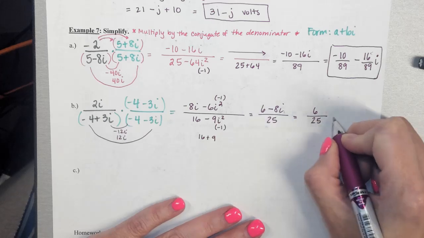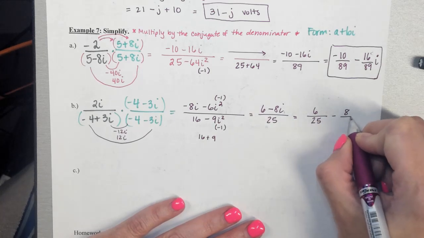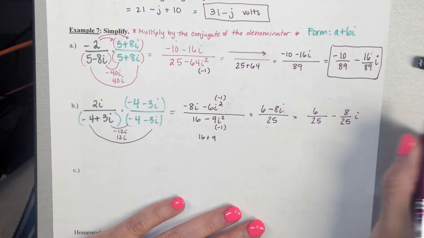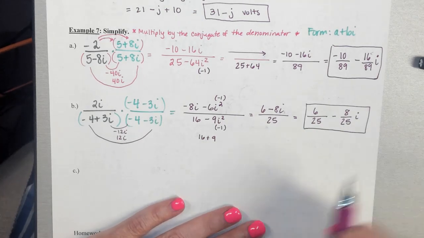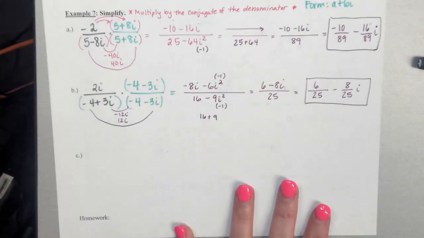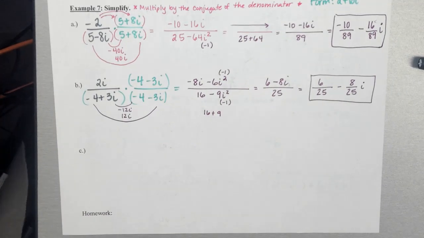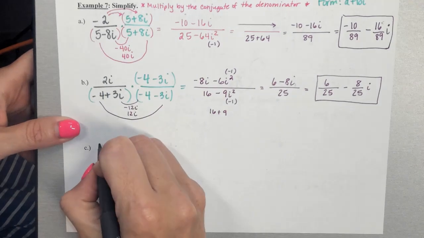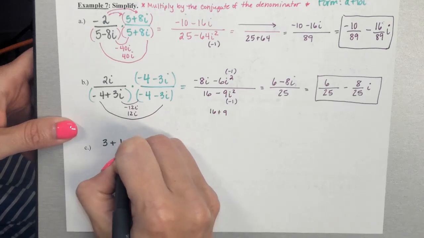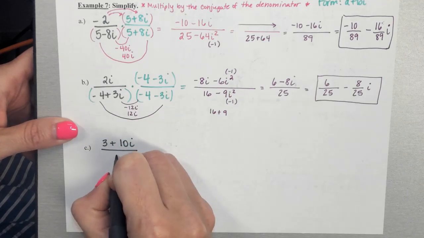And if this is negative, you can make this a minus. Again, 6 and 25, 8 and 25, there are no common factors. So I'm looking to see if I can reduce, and if they don't have any common factors, I'm just going to leave it.